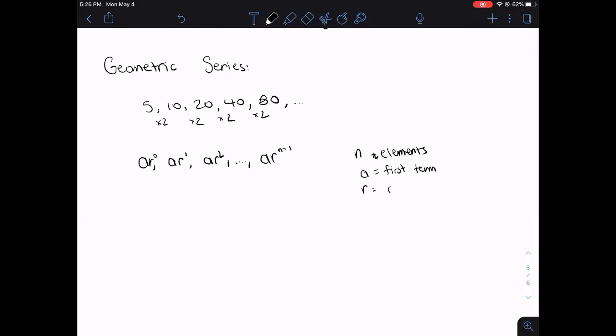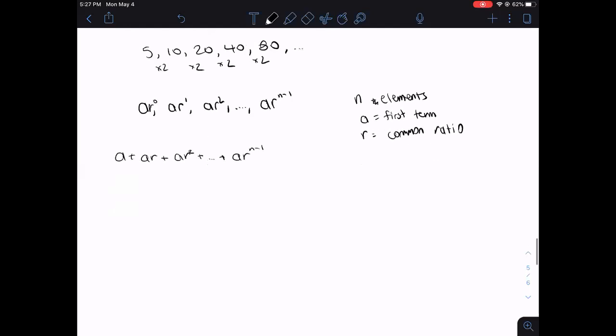And R equals the common ratio. So let's sum this up. Inspired by our arithmetic sequence, we try to pair them. However, there's nothing useful we get from pairing them at all.